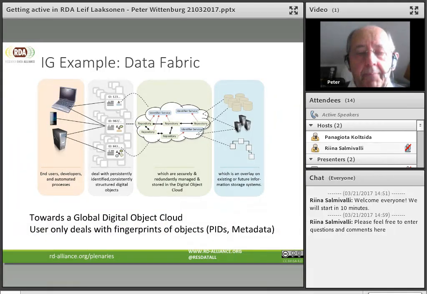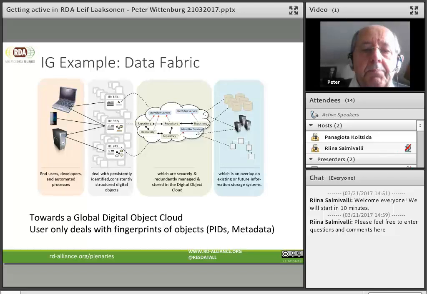Well, yeah. So one result, I should share this with you, it's just one result of this interest group, fairly recent, is the idea or the concept, if you want, of what we call the global digital object cloud. In the left corner you see the users acting via some devices.